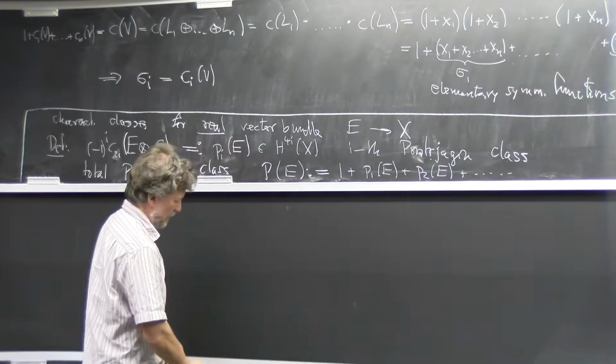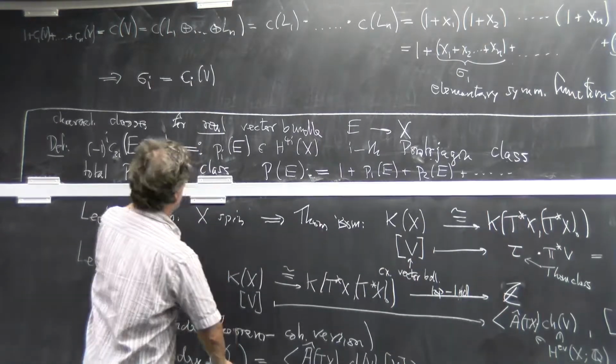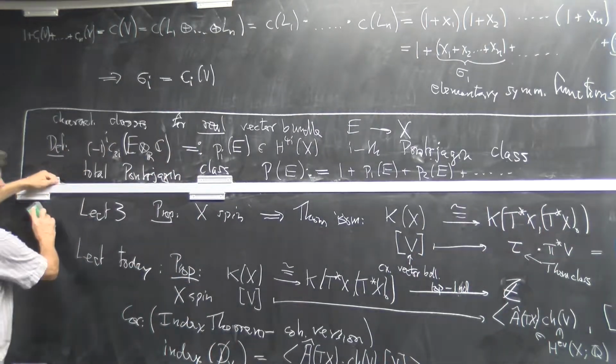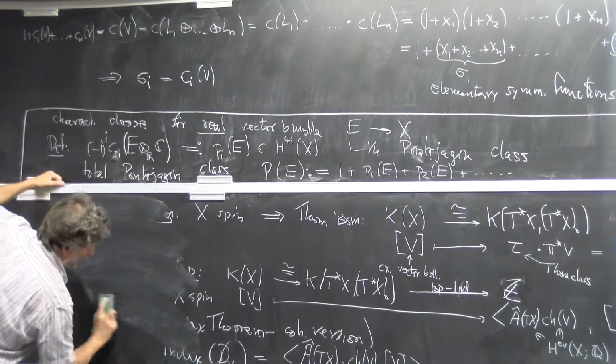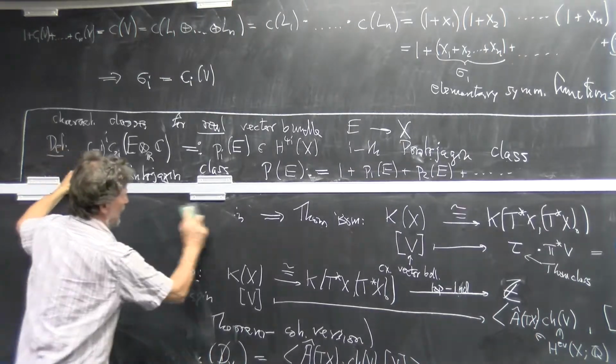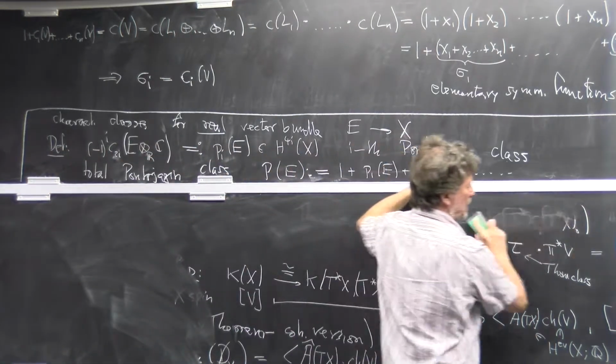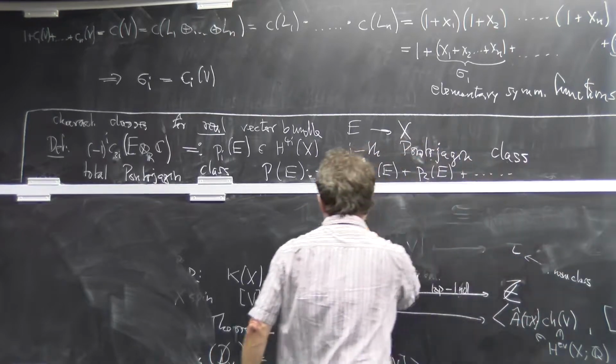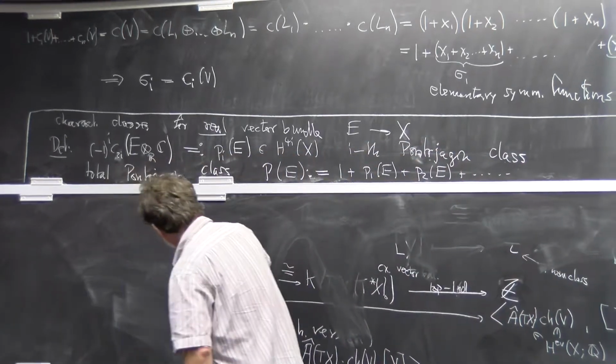Right? So you might wonder, why is there this funny minus sign involved in there? Well, it's just to make calculating with the Pontryagin classes nicer.